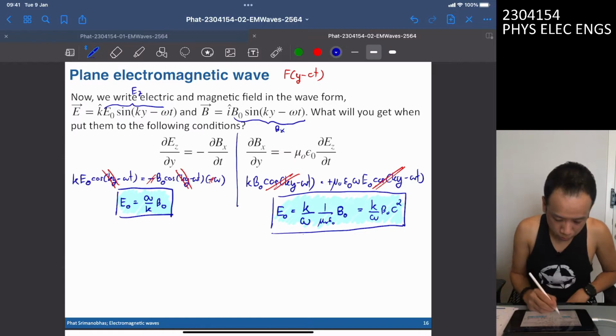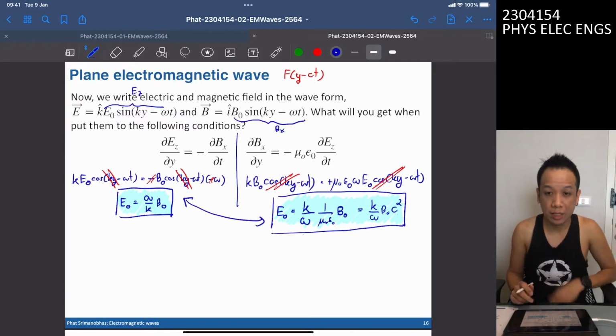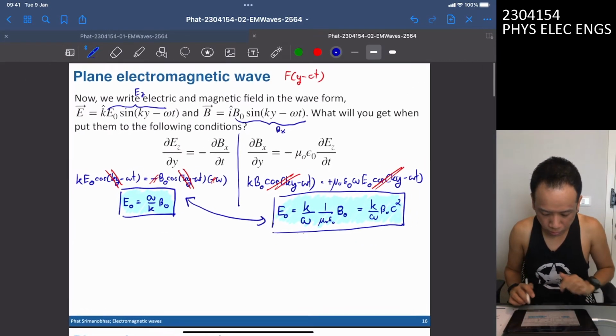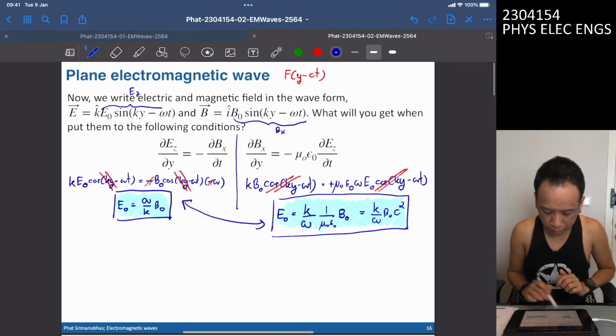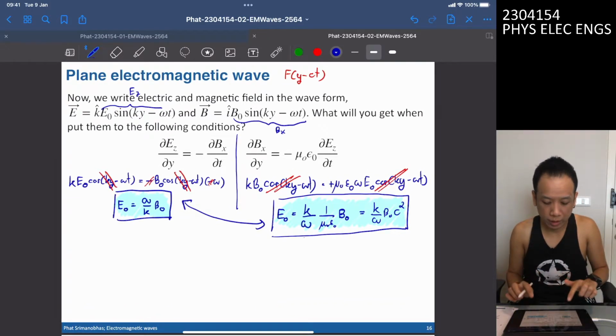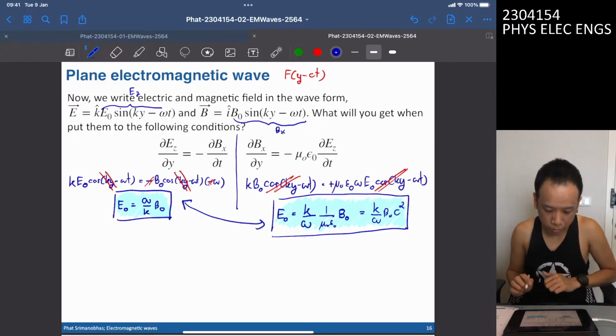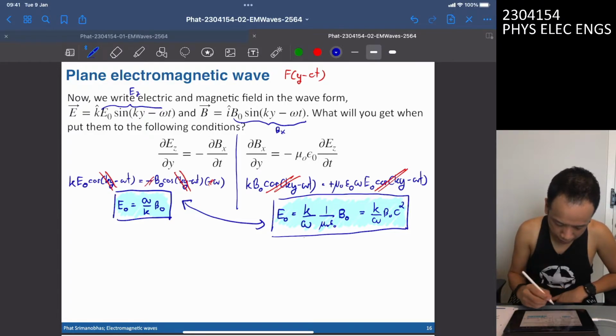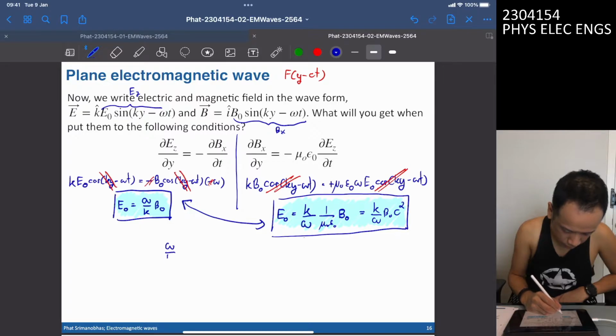Now you balance it. These two equations are equal, because it's basically the same E. You have E0 equal to this term, and E0 equal to that term, so these two boxes are equal. Equating them, omega over k times B0 equals k over omega times B0 c squared.